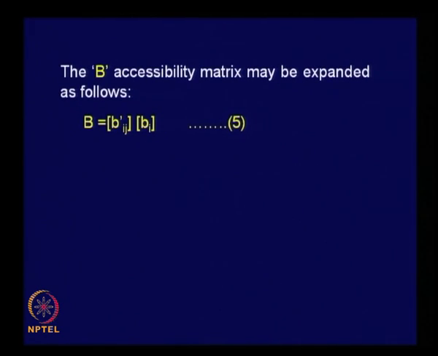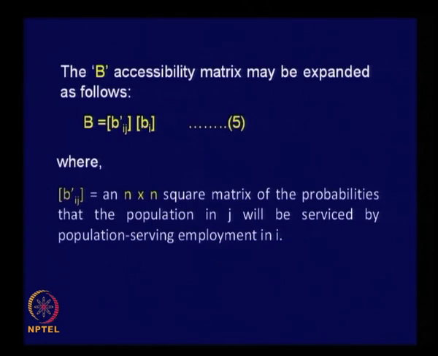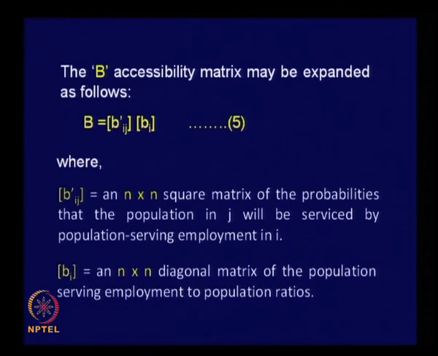And similarly, the B matrix is given as B dash ij into Bi, where B dash ij is an n by n square matrix of the probabilities that the population in J will be serviced by the population serving employment in I. Bi is n by n diagonal matrix of the population serving employment to population ratios, right, certain number of service employment per given population value per 1000 and so on.